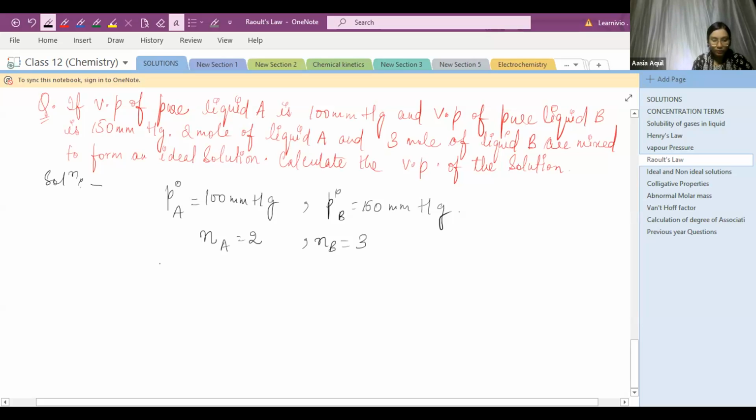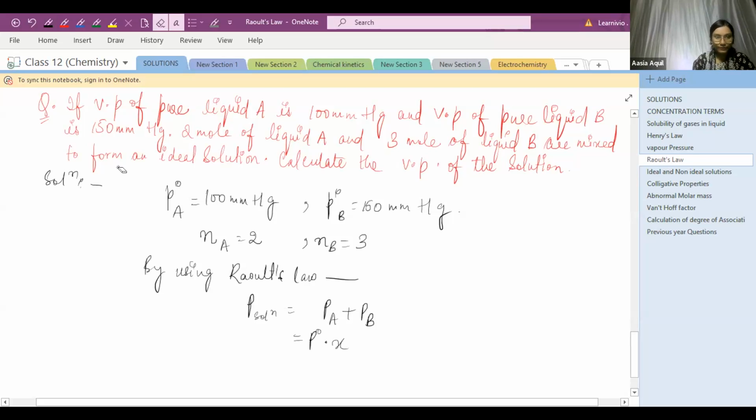We know that by Raoult's law, the formula is: P total, the vapor pressure of the solution, is equal to PA plus PB, that is, the vapor pressure of A plus the vapor pressure of B. And we know that the vapor pressure of A is equal to P naught A into, sorry, just a second. It's P naught A.